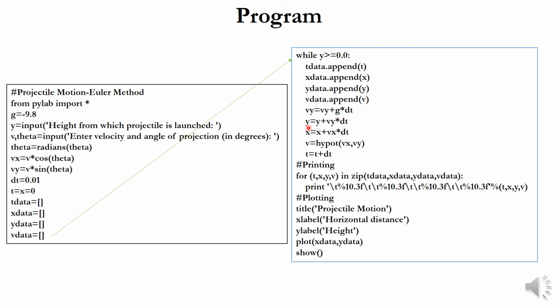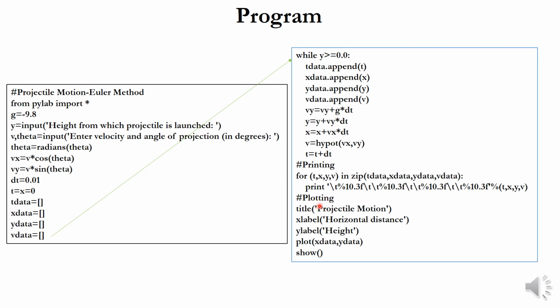Then the y and x are again found using the Euler method, where we know this Vx is a constant which is already calculated here, and the instantaneous value of the velocity will be square root of Vx square plus Vy square, that is hypotenuse of Vx Vy, and the time is incremented. Now these values are printed as a table.